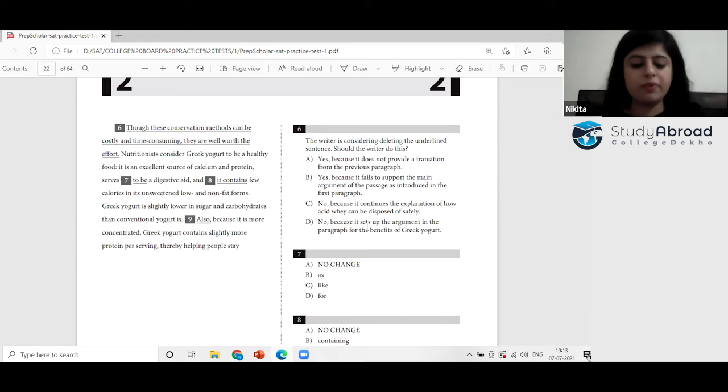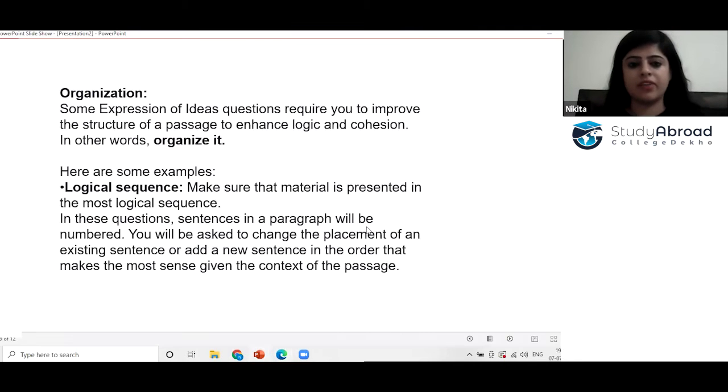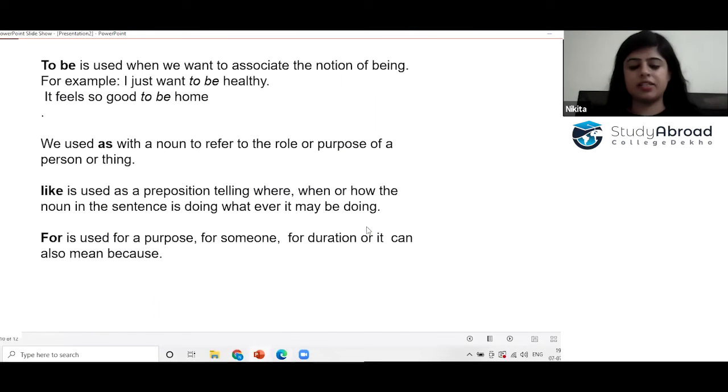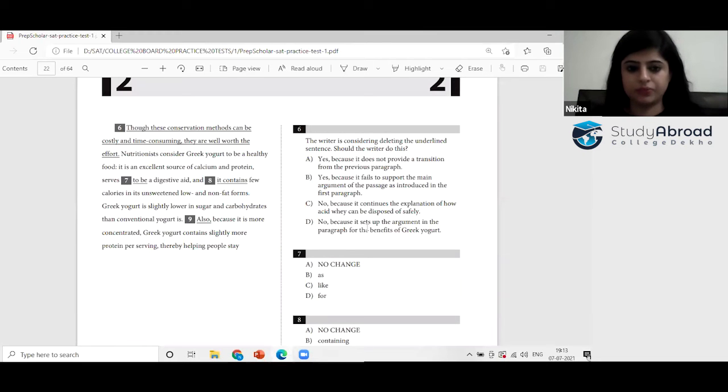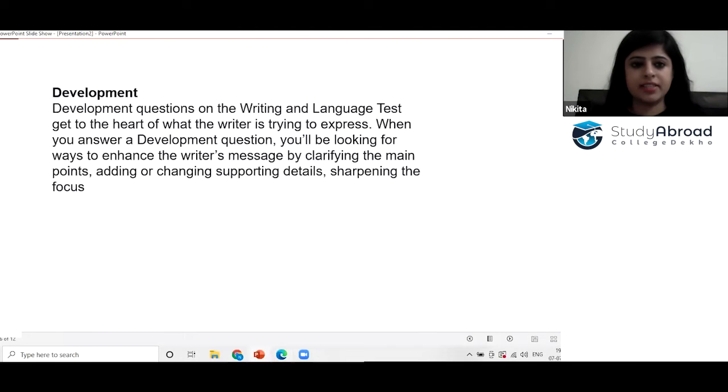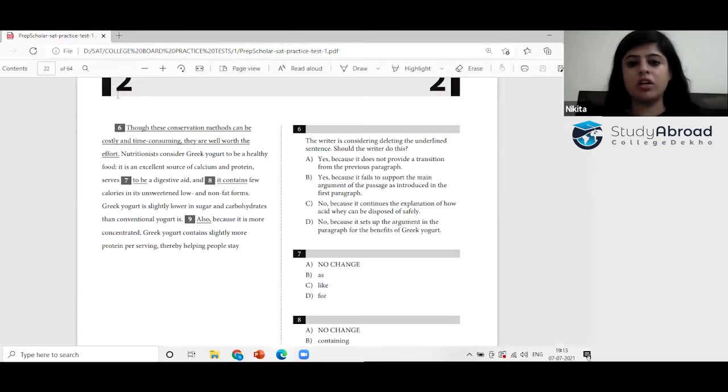All right, we will be reading the reasons that they have given, but first let me highlight what type of question it is. So as I discussed earlier, developmental questions. So you are developing whether that particular type of information should occur because of the particular reason or it should be deleted.